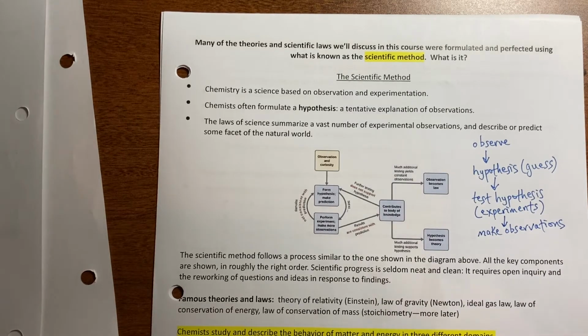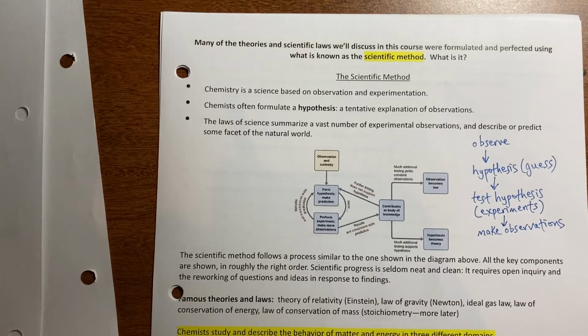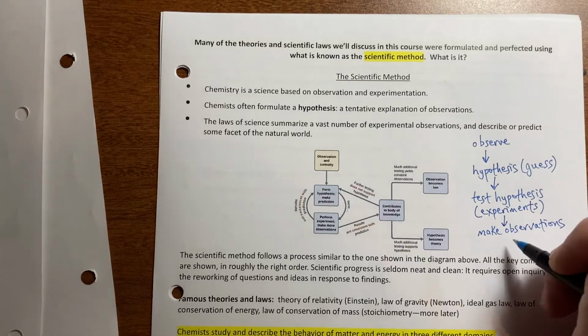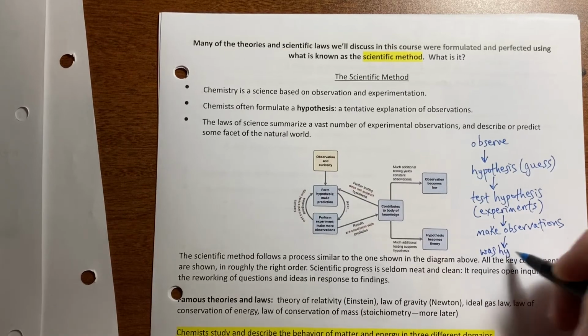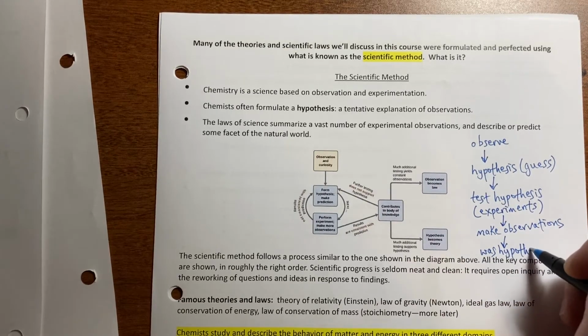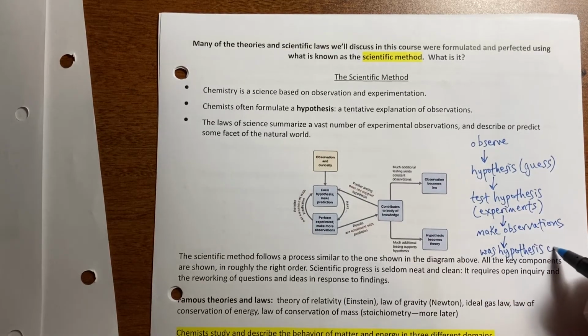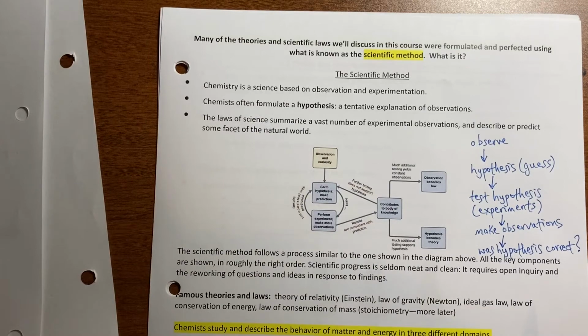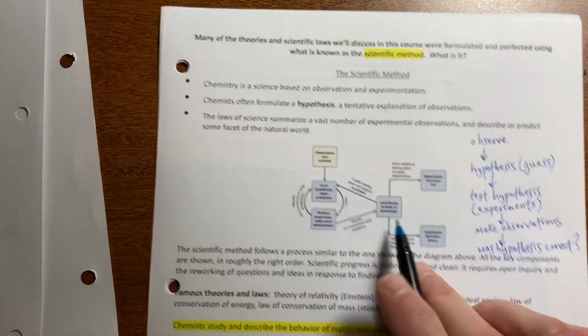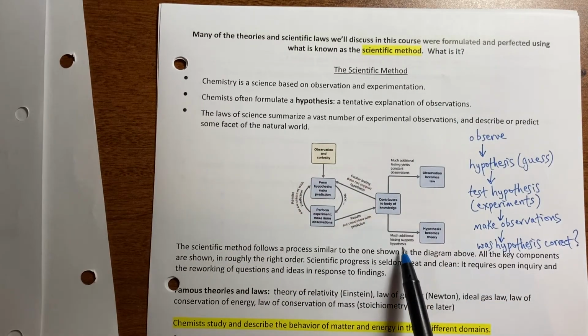There's millions and millions of possible experiments that have been done. And then after you make your observations, you ask yourself, was your hypothesis correct? If it was correct, then as I said, you can add that to the body of scientific knowledge. You contribute to it, and your hypothesis might become a theory, or it might become what's called a scientific law.